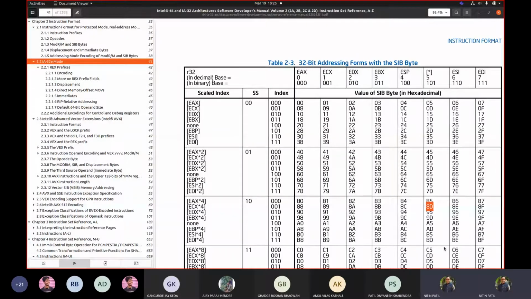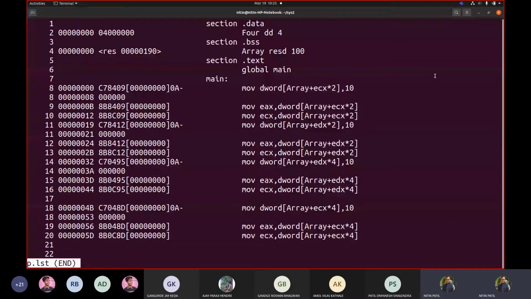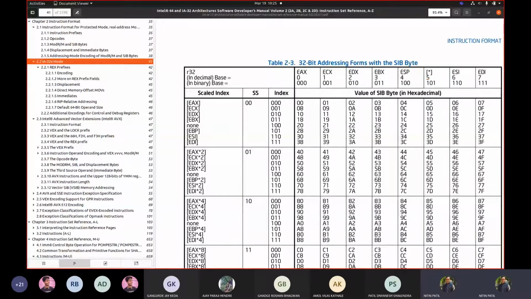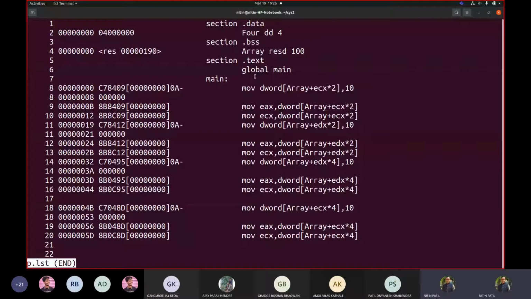Okay, in square bracket, but it is showing me through the star. 95, correct? 8D. 95 and 8D can be shown because of this multiplication factor by 4. But then when I multiplied it by 2, why is it not showing me this 45 and 4D? Though it is showing me something else. What might be the reason?